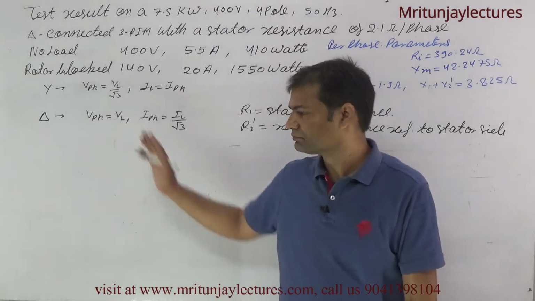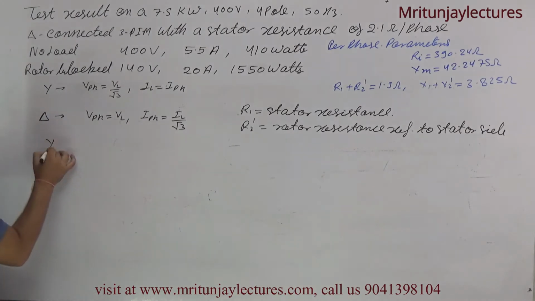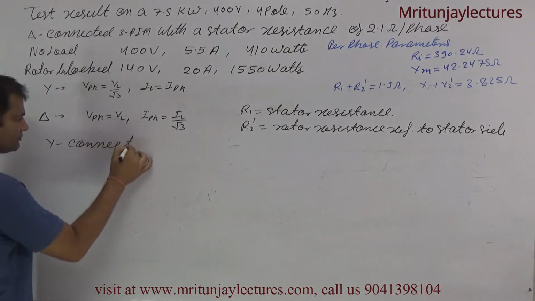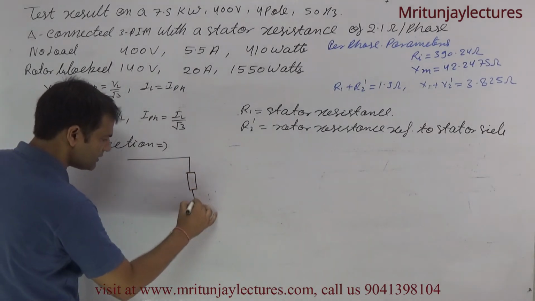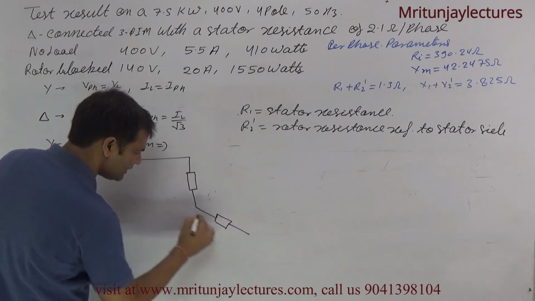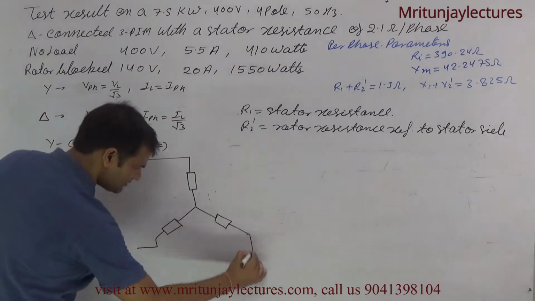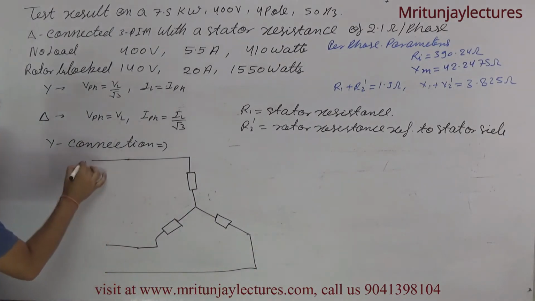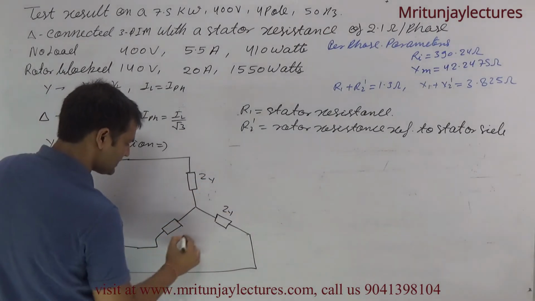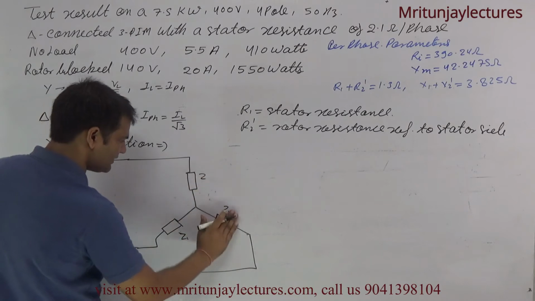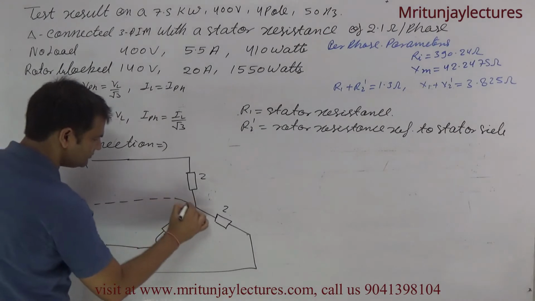Another way, we focus on the circuit. Now the star connection. Suppose that is A, that is B, that is C, with impedances Z, Z, Z. This one is neutral.